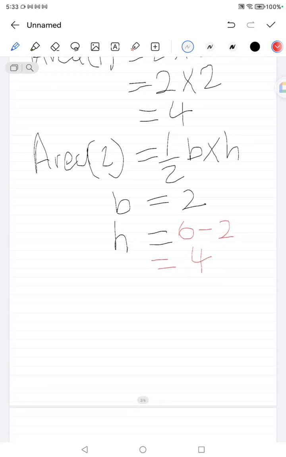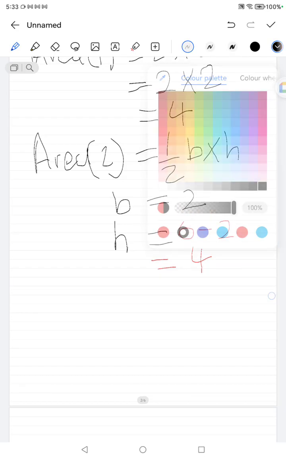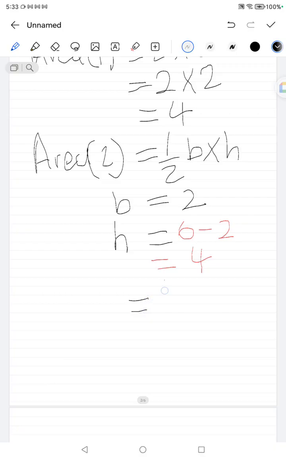So now we've already found the other values that are missing. We can go and calculate half into our base. Our base is 2 multiplied by height, which is our 4. So this is the same as having half of 8, which is 4.